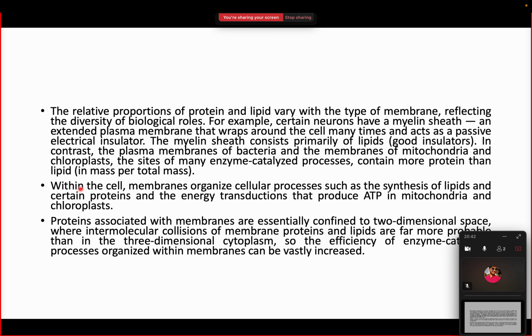Okay, so within the cell, membranes organize cellular processes such as the synthesis of lipids and certain proteins, and the energy transduction that produces ATP in mitochondria and chloroplasts. As I discussed just now, depending upon the function of an organelle, the composition of a membrane will vary.